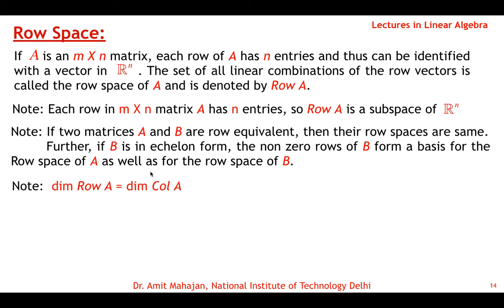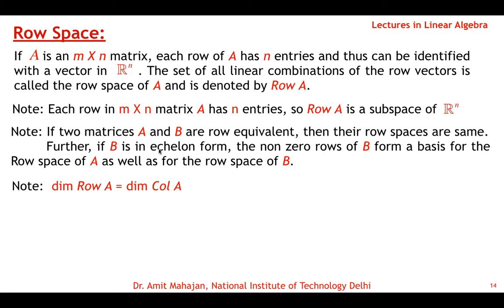The dimension of row space A is equal to the dimension of column space A. Because we are calculating the dimension as the number of elements in the basis, the dimension of row space A means how many vectors are there in the basis of row space A, and we see that the basis of row space A are the non-zero rows in the equivalent form.